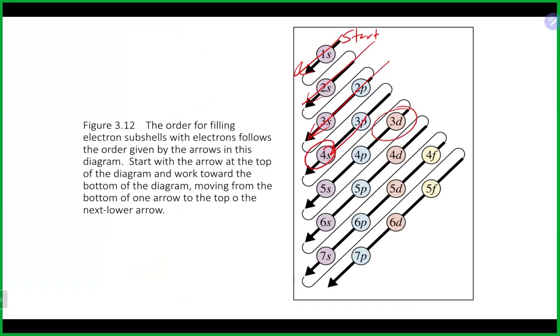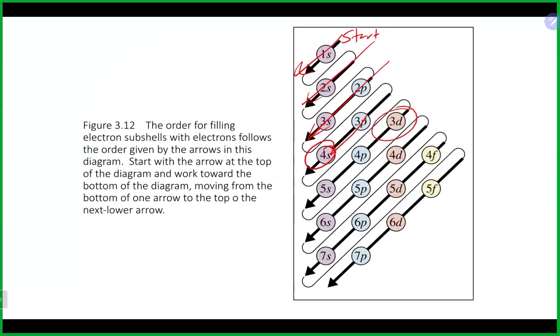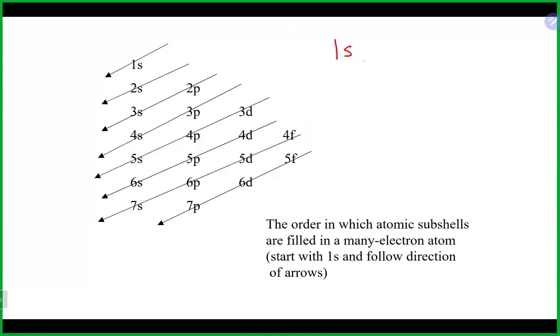Now, you should know this, and here's another way, and this is something that is very easy to remember or to make for yourself. All you have to remember is, on the first energy level, what orbitals are there? Just the s, right? It's not until we get to the second energy level that we see what appear? P. So you go down to the right with the p.